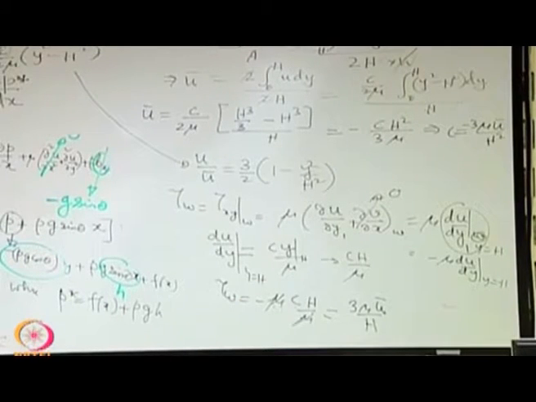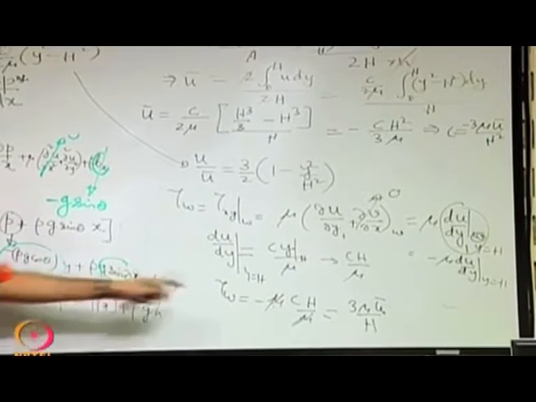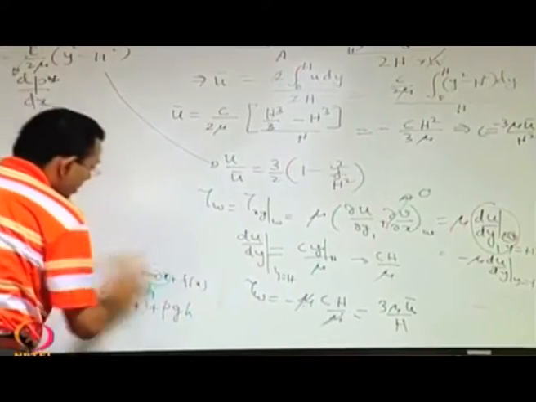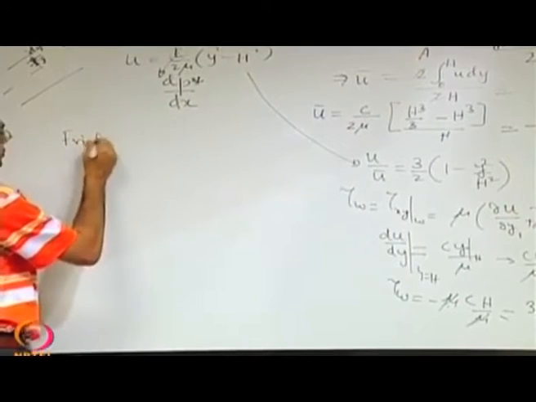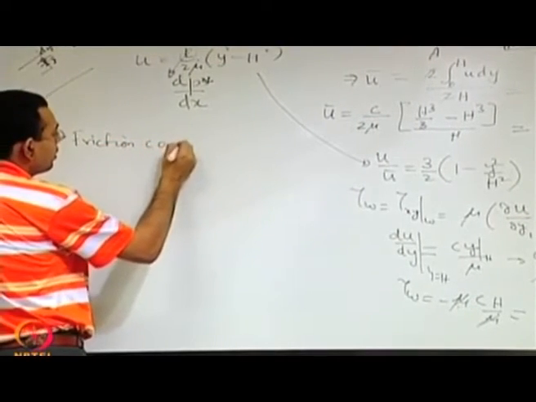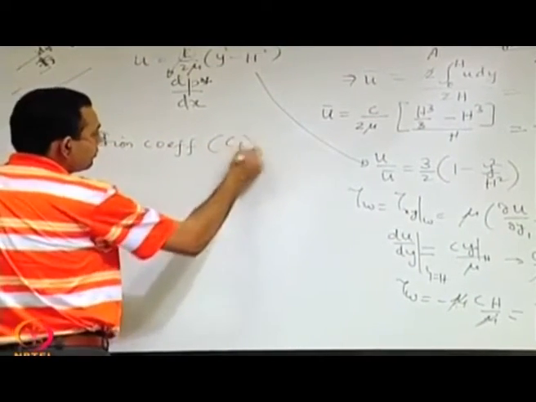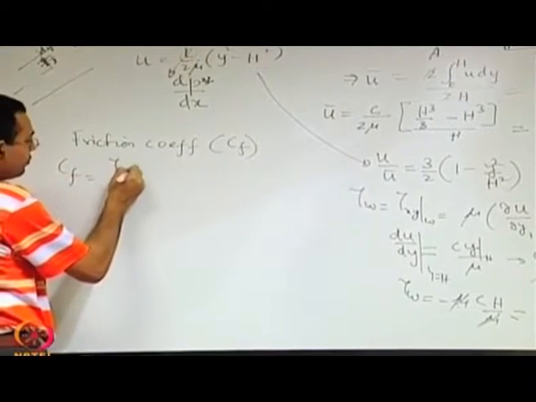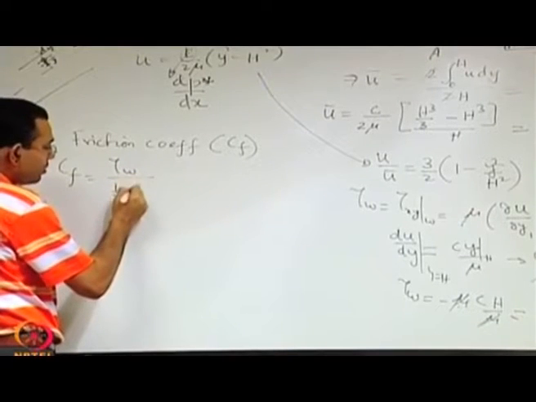Sometimes we write the wall shear stress in a non-dimensional form. So this is a dimensional form. The non-dimensional form of the wall shear stress is something engineers use as friction coefficient, say Cf, defined as wall shear stress divided by half rho U average square.